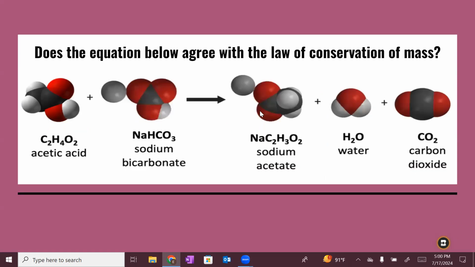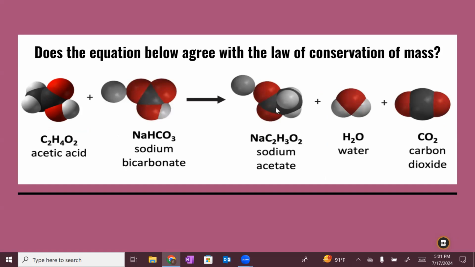Let's look at this one. The same way we count, let's do this one together. 1, 2, 3, 4, 5 oxygen. 1, 2, 3, 4, 5 oxygen. There's 2 carbon here. 3.